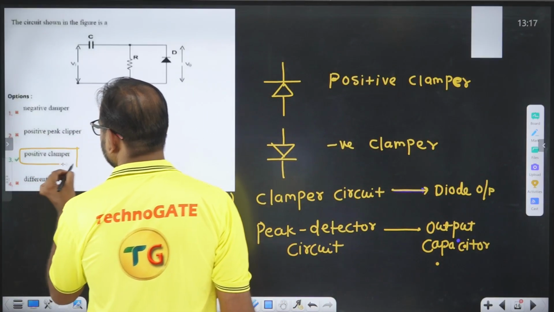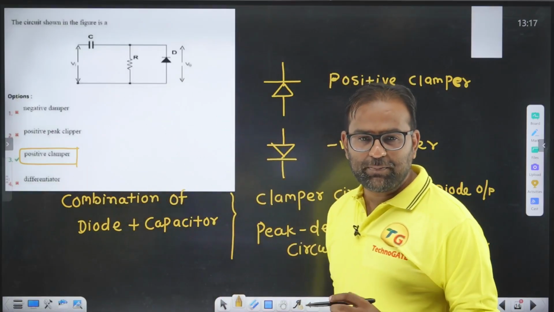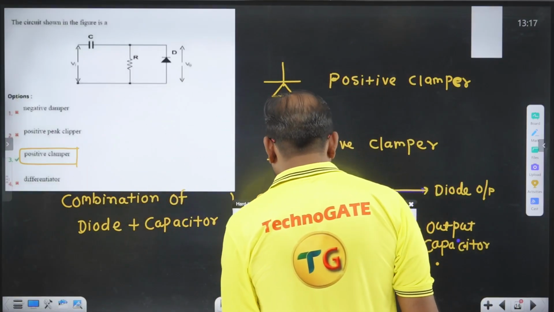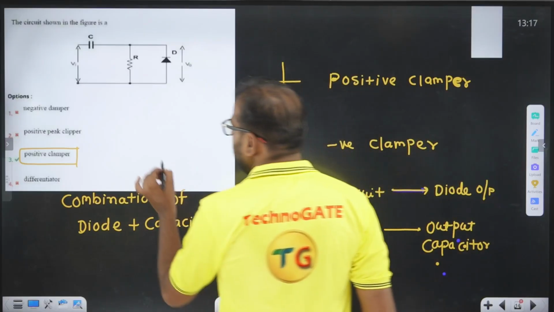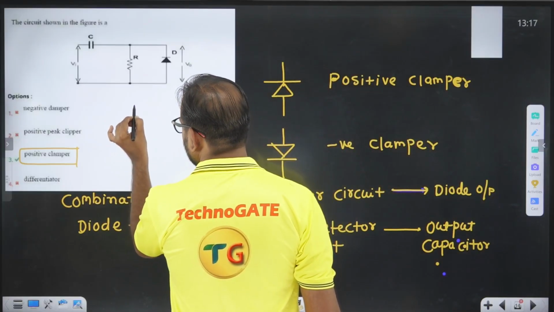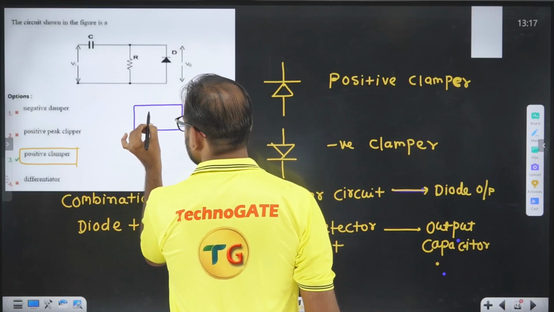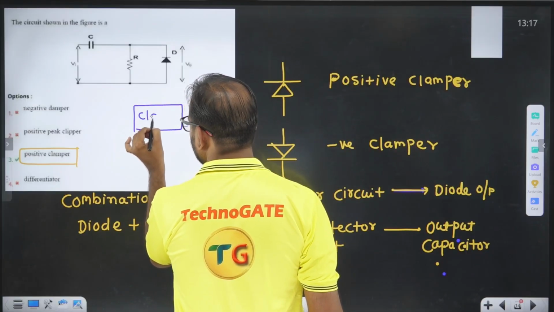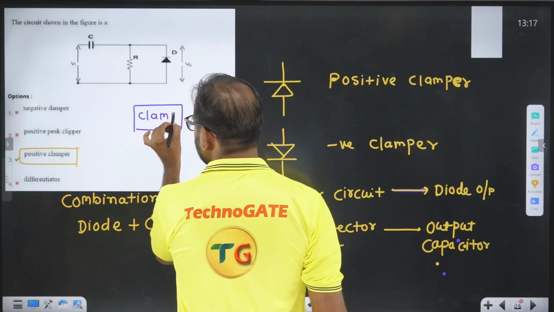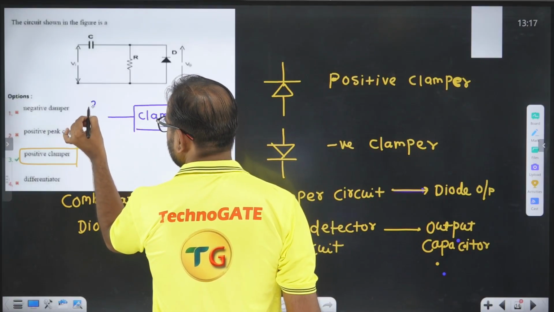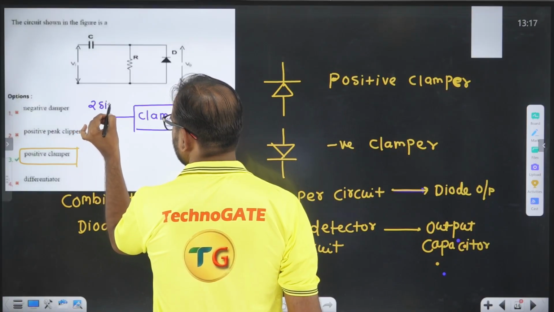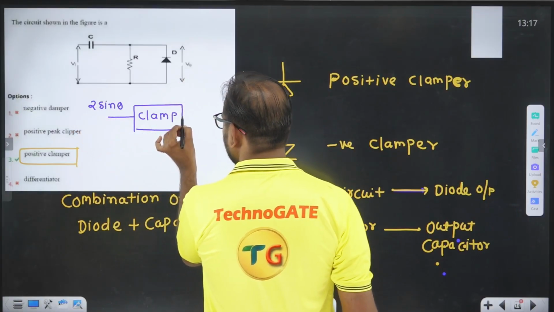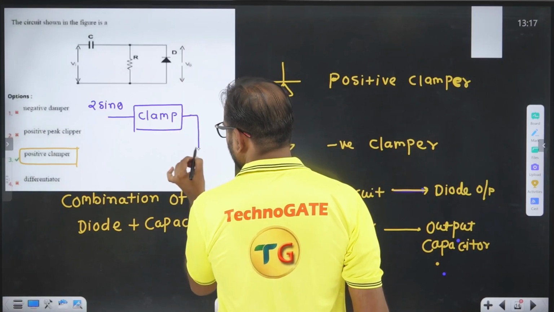Positive clamper. One more thing, what is the meaning of clamper that we should understand? If I have this kind of circuit and I call it a clamper, clamping means to shift the voltage. If my input is 2 sin theta, I can have two types of output.